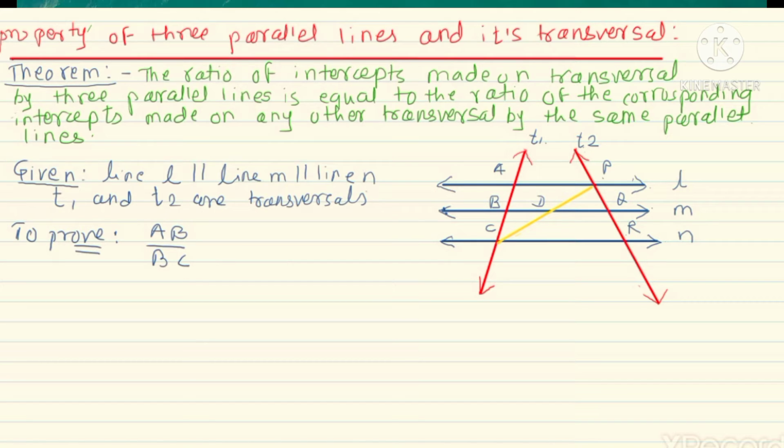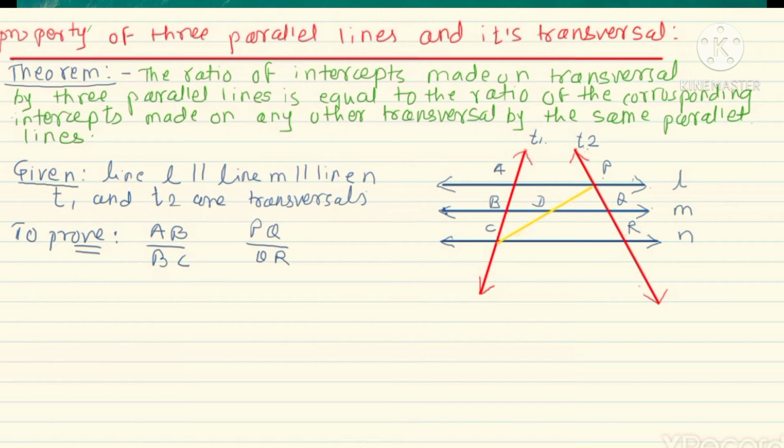It is equal to the ratio of corresponding intercepts made on the other transversal. The other transversal is T2 and intercepts made on T2 are PQ and QR, and we have to take ratios correspondingly. So we write it this way, PQ upon QR.